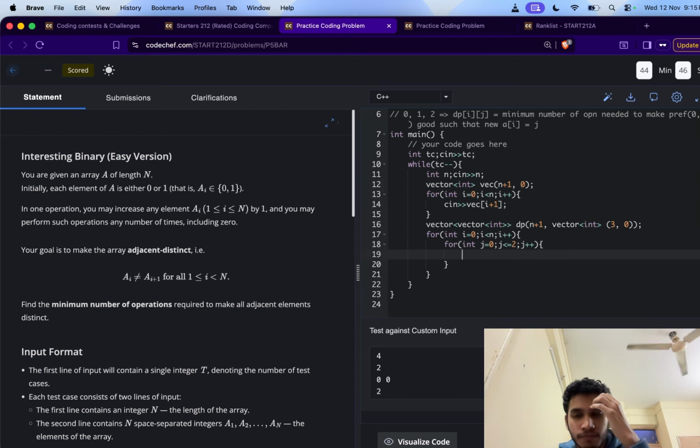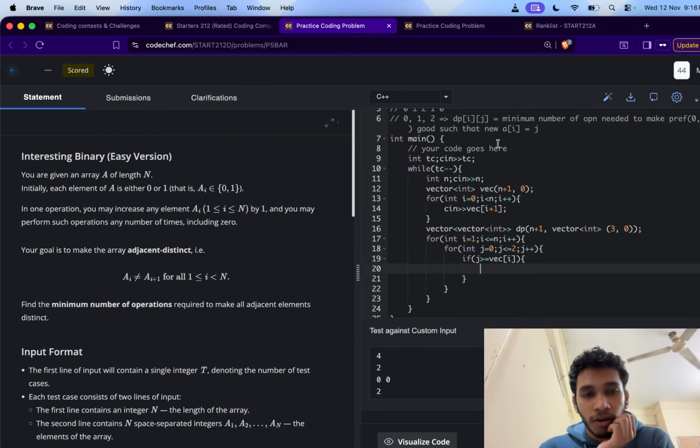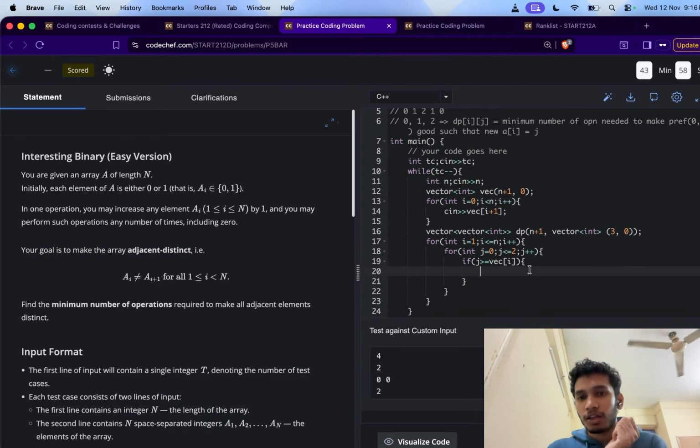Okay, if j is smaller than a of I, then the current element cannot be decreased, right? We can increase the element, we cannot decrease the element.